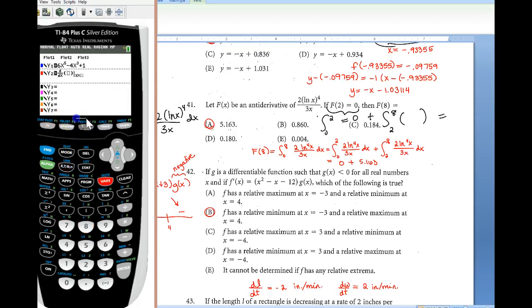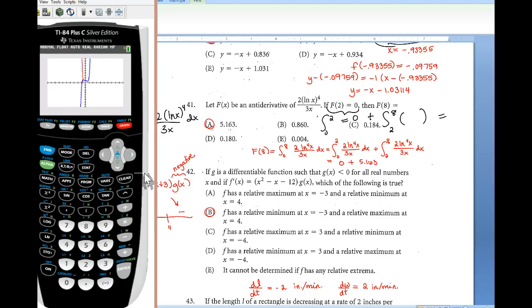We went to variables, go over to y variables. It's a function with y1. And that will graph the original function, and then we'll graph that function's derivative.